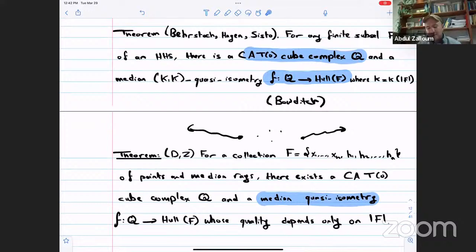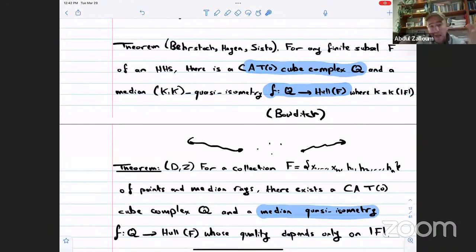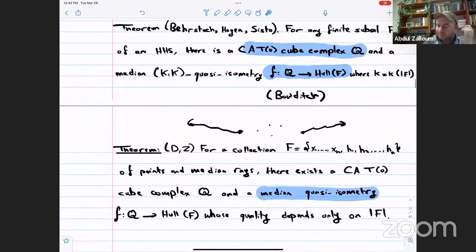But the constants that you get here only depend on how many elements you have in this set, which is an improvement of Behrstock-Hagen-Sisto. But for our proof, we just use their proof and we do some limiting argument. That's the basic idea. Okay. Any questions so far?